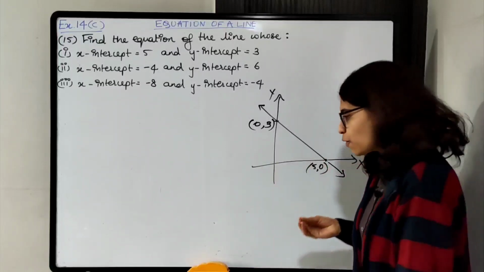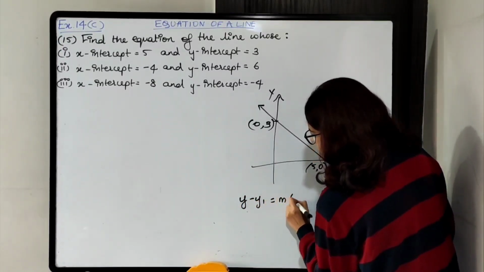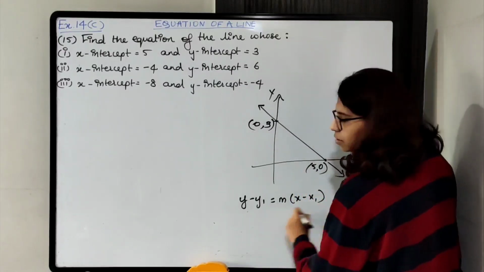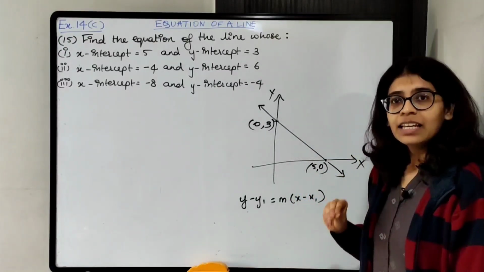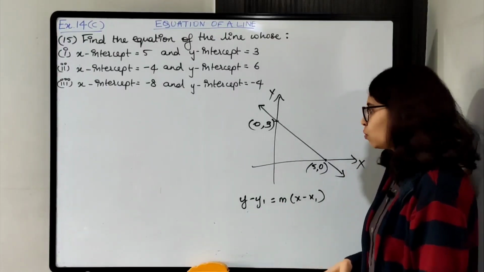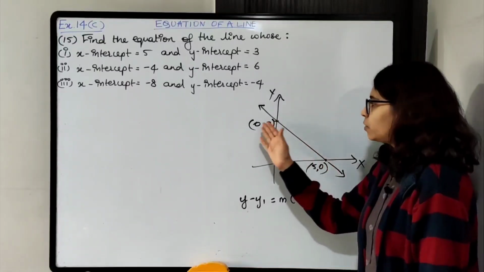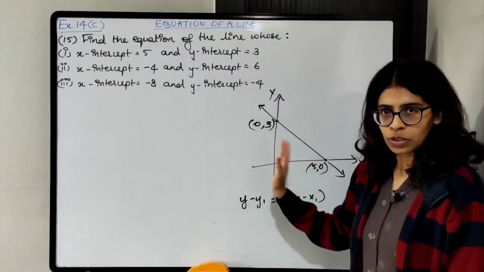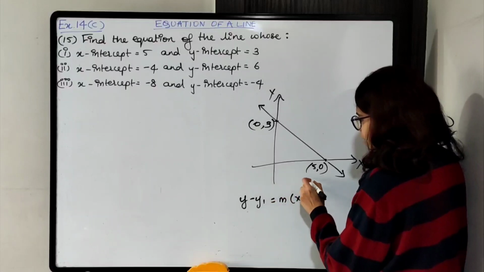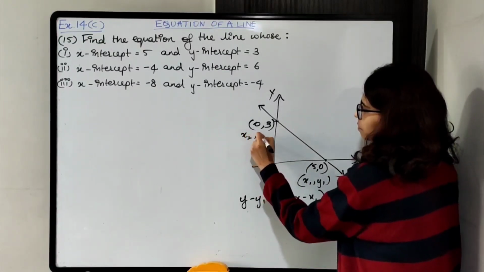In 2 points form, which formula you'll use? Y minus y1 is equal to m into x minus x1. This is the 2 points form. For that x1 y1 you need. Consider any one point's coordinates as x1 y1, the other as x2 y2, anyone. So I'm going to consider x intercept as x1 y1 and y intercept as x2 y2.